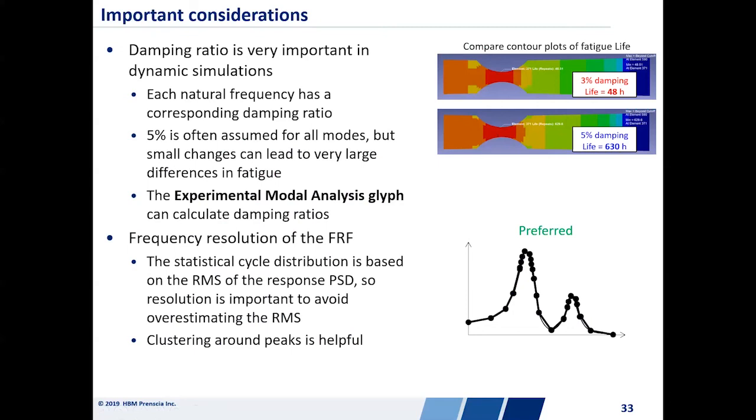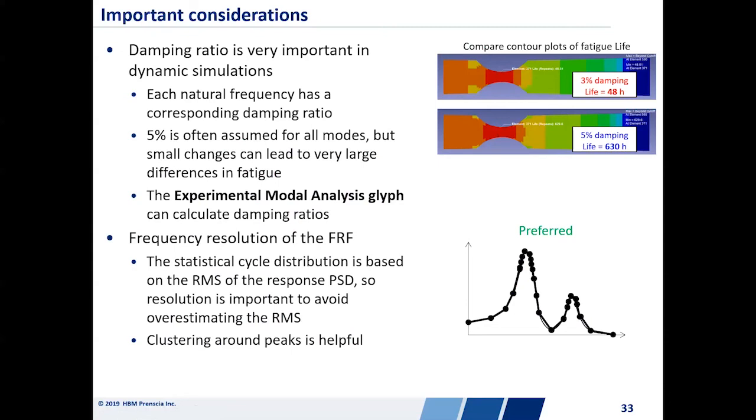If we apply that same PSD to the same model where we've changed the damping to 3%, so it's a less damped model, the life is going to be drastically shorter. The stresses in this area are going to be higher. This area right here is an area that is perhaps greatly affected by a resonance frequency. So we're seeing a large amount of displacement, which results then in a large amount of stress, and that is greatly affecting the life on that part.